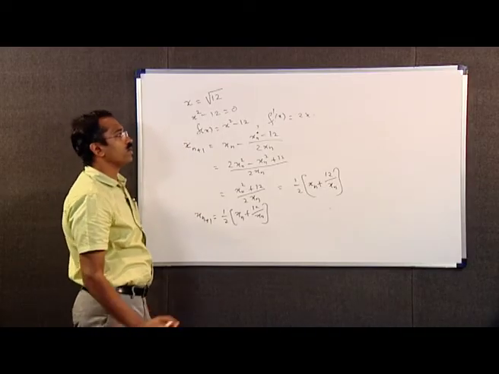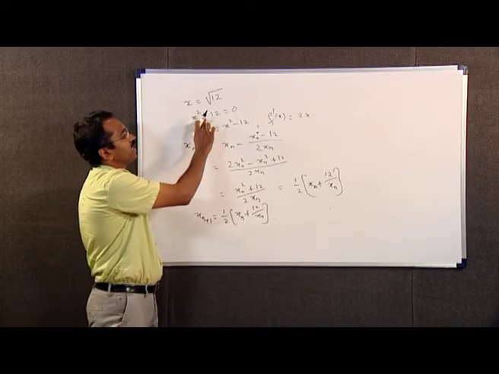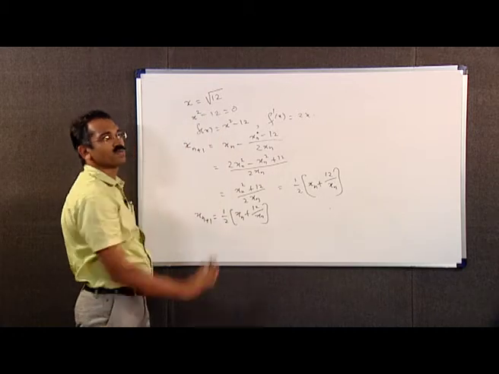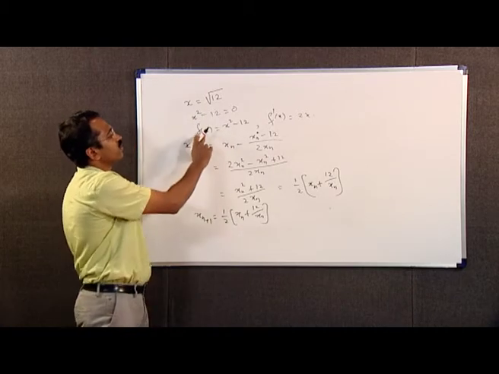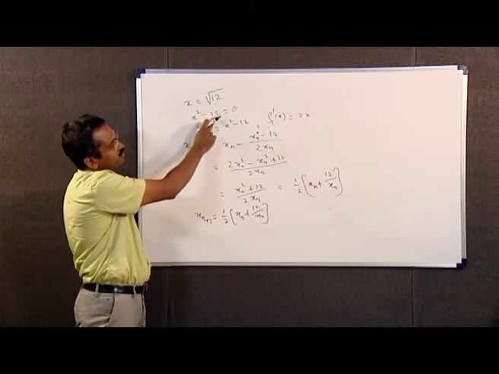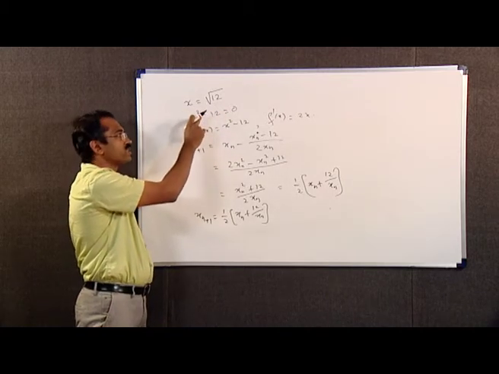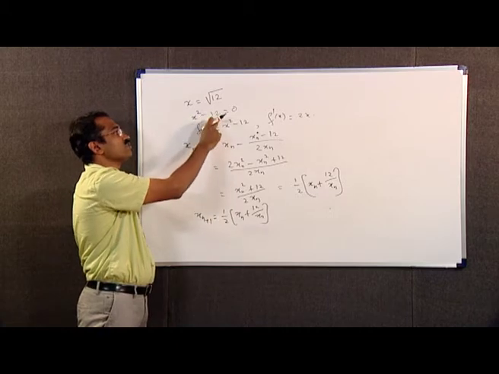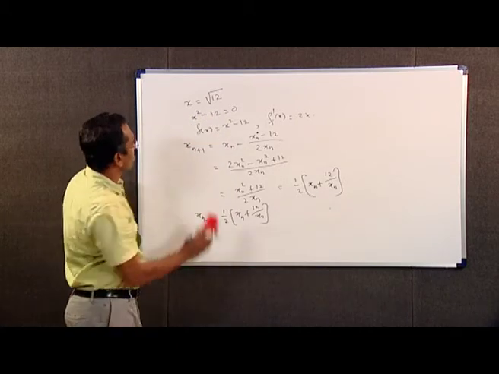Now, if we put x equal to 0, we will get minus 12, which is negative. F of 0 is negative, f of 1 is also negative, f of 2, that is 4 minus 12, is negative, f of 3 is 3 square minus 12, negative.